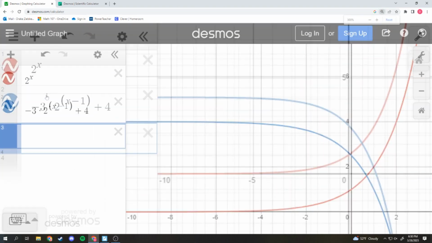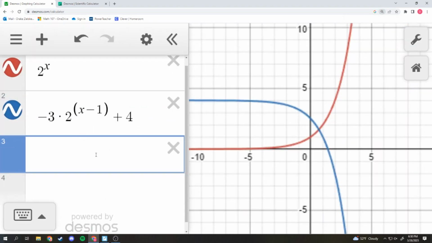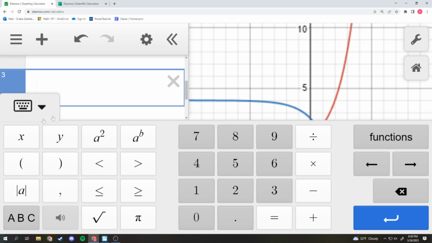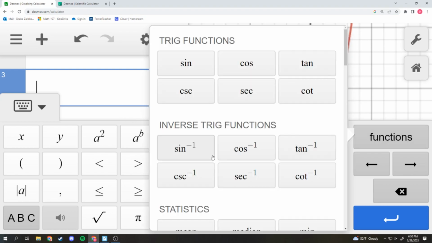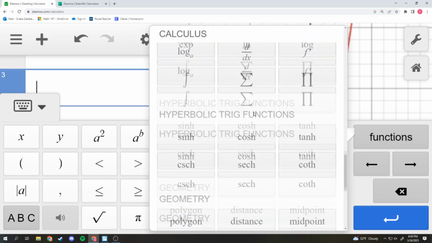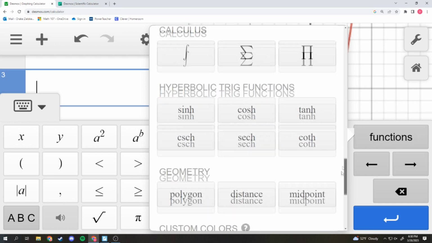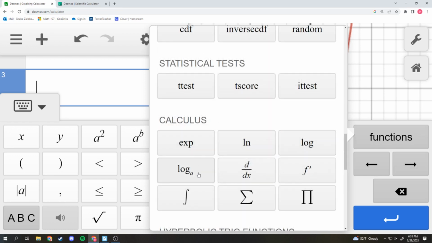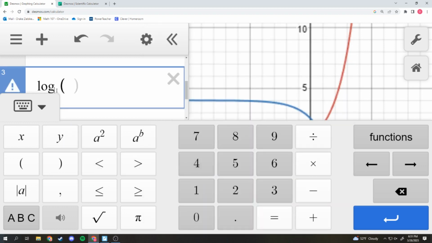Number one, let me zoom into this. You can hit this thing, the little bring up the keypad. On your phone, this is what you have to do, and then hit functions. And then if you scroll all the way down to the bottom of functions, or near the bottom, you'll see this log base a. So log with a little a, you can click that, and then it allows you to type in the base that you want.